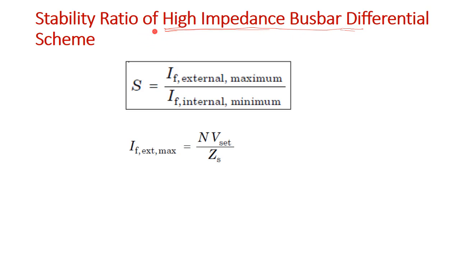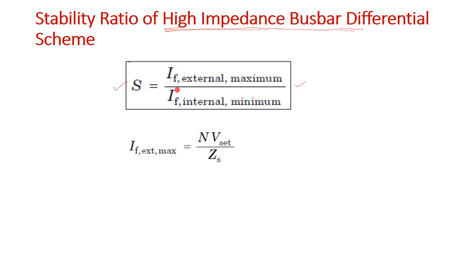The stability ratio of the high impedance bus bar differential scheme will be like this. We already know the stability ratio is defined as the external maximum fault current for which the relay maloperates, divided by the minimum internal fault current which is detected by this relay.